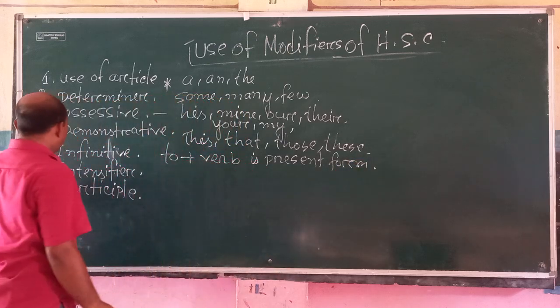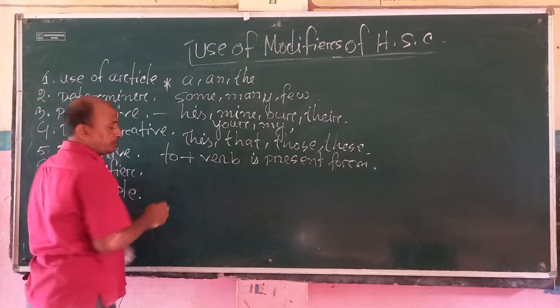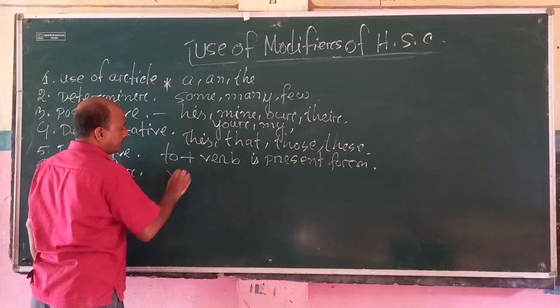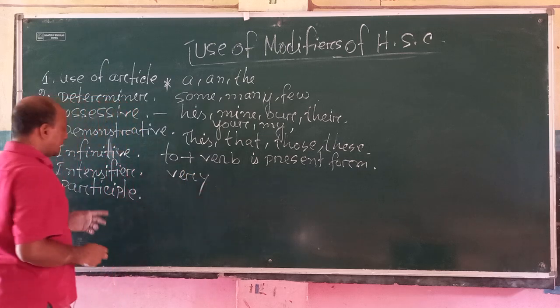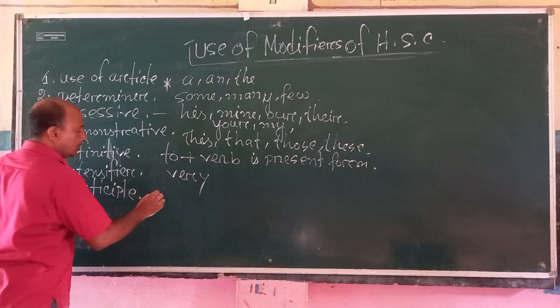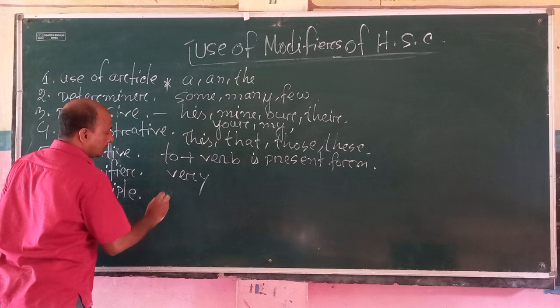If you need to use intensifier, that means adverb such as very, you may use it in the gap. If you need to use participle, you will use present participle or past participle.